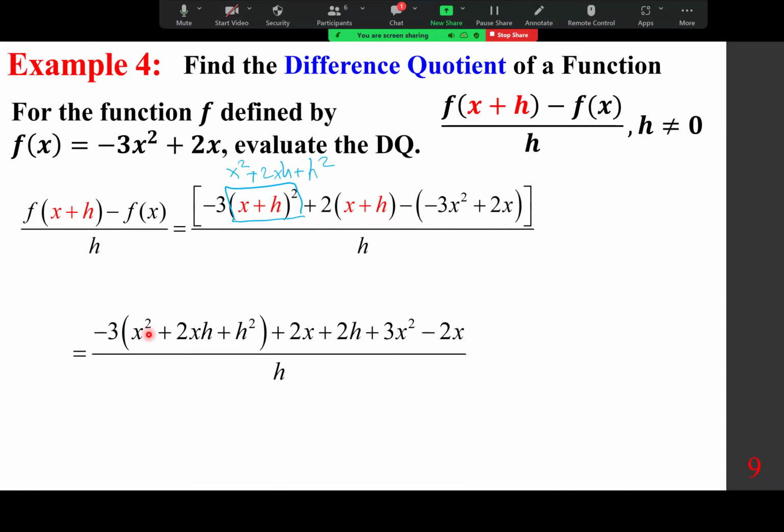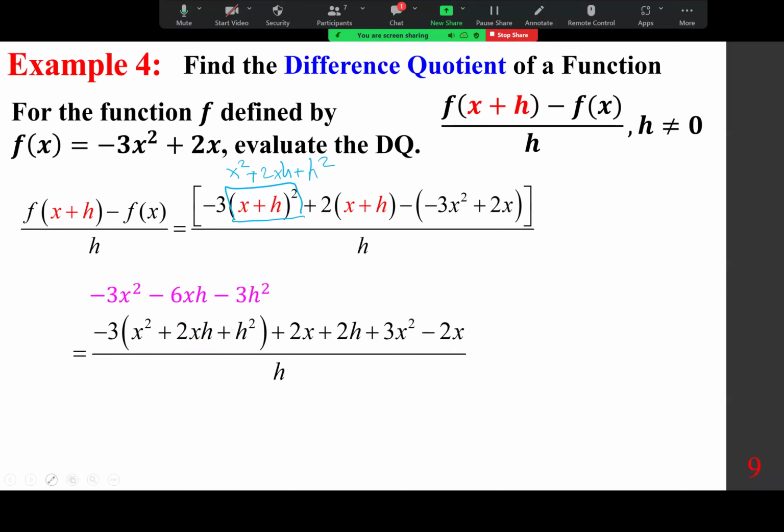Let's distribute the negative 3, resulting in negative 3x squared, negative 6xh, negative 3h squared, and let's add up like terms.